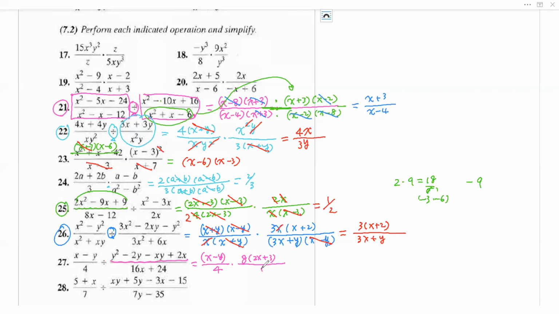So you can see y minus 2 is here. What's the rest? Actually it is y minus, if we take the y out, here take x out, right? y minus x. Double check it: y squared minus 2y minus xy plus 2x.